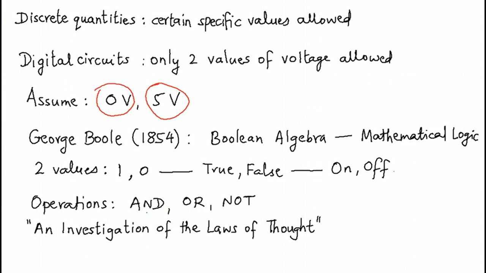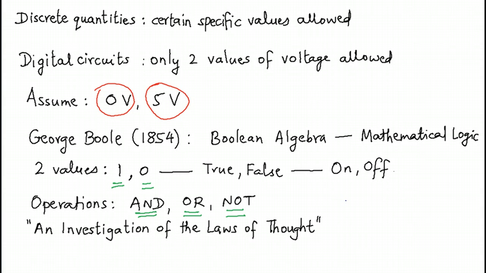The idea is that operations such as these can be applied to values which can be either 1 or 0, and the result of such an operation will depend upon what values you are using and also what is the operation involved.